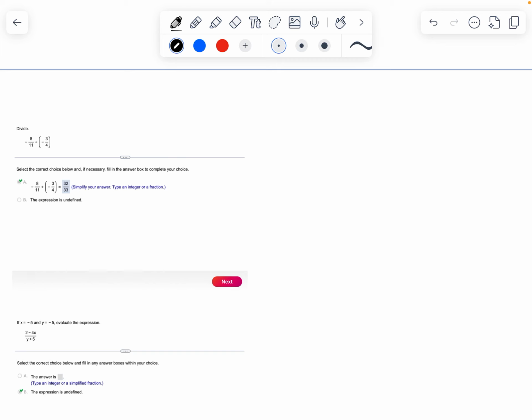Alright, here they say to do the division. Negative 8 over 11, and we are dividing that by negative 3 over 4.